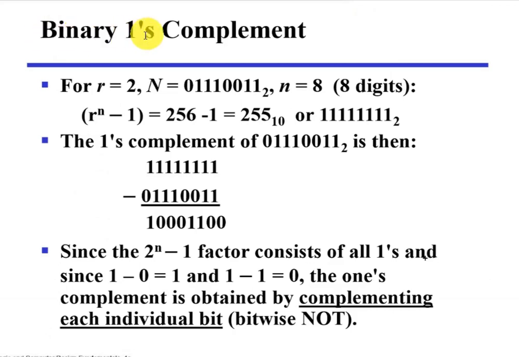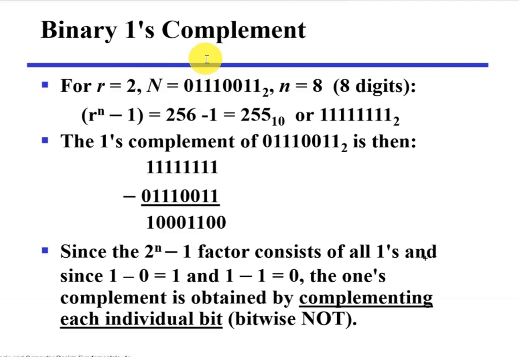Let's take a look at the 1's complement. Given a number in binary having n digits, in radix 2, base 2, the 1's complement of n is defined as follows.